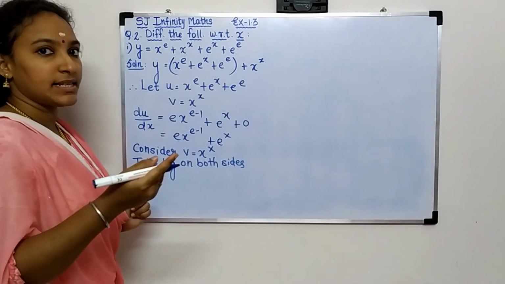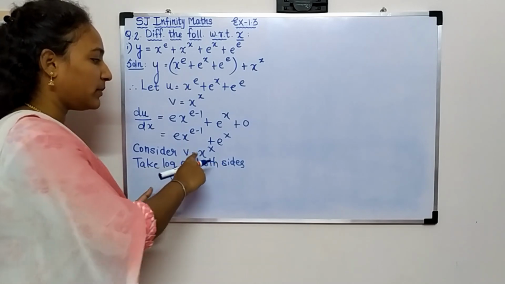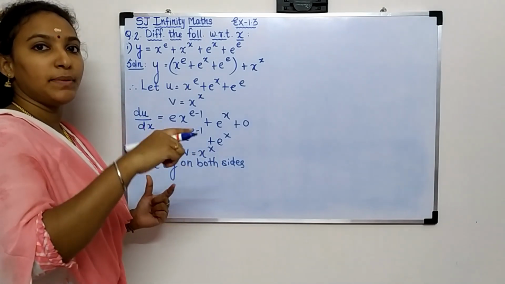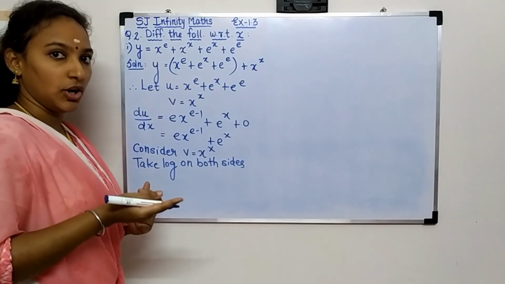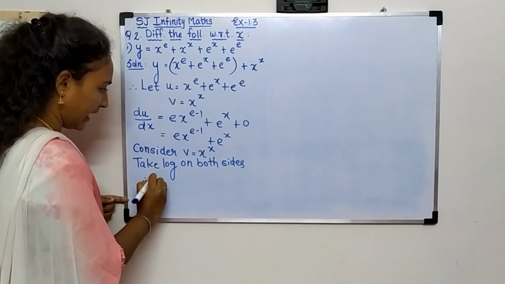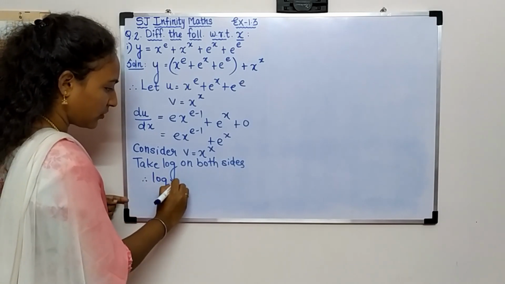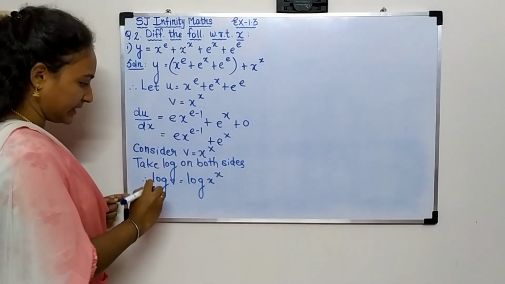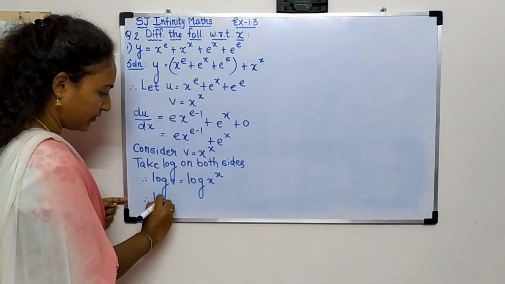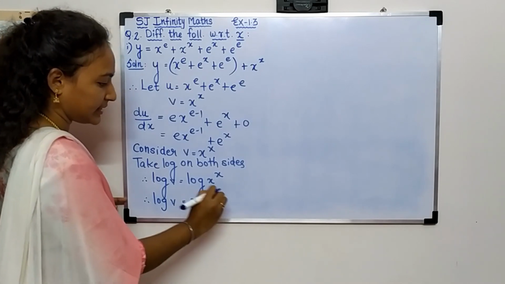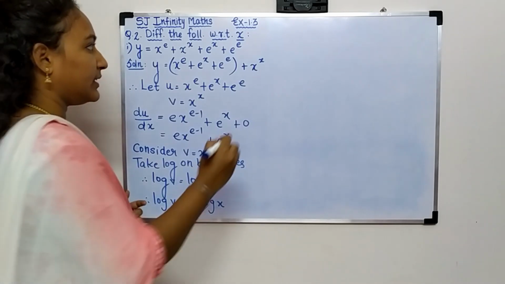In the previous exercise, we have solved the problem x power x. The derivative came to be x power x into 1 plus log x. Then also we will solve it once again. Therefore, log v is equal to log x raised to x. Therefore, we have log v is equal to x into log x. Now we can differentiate this.